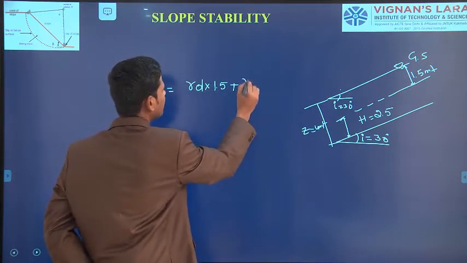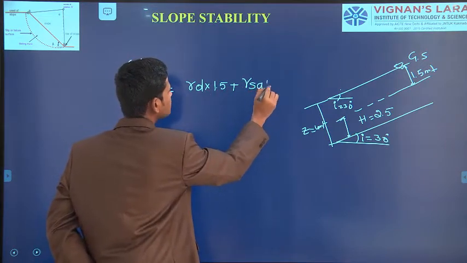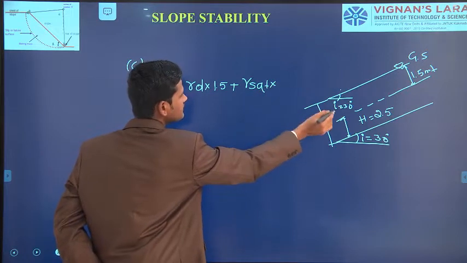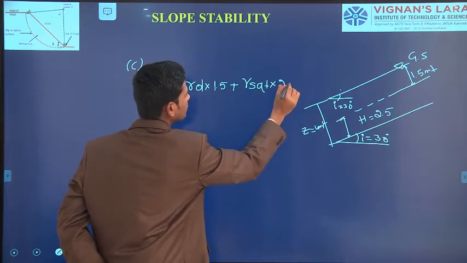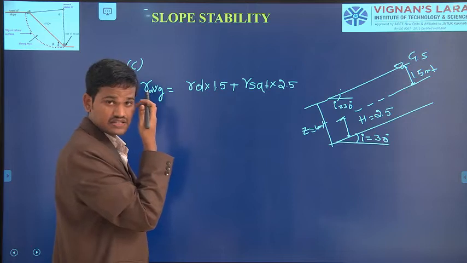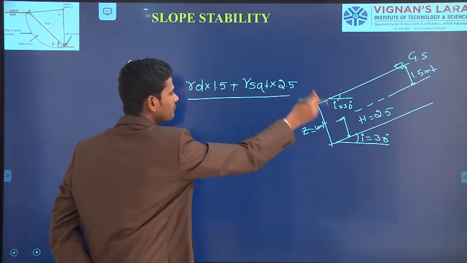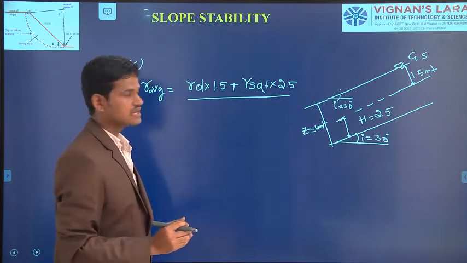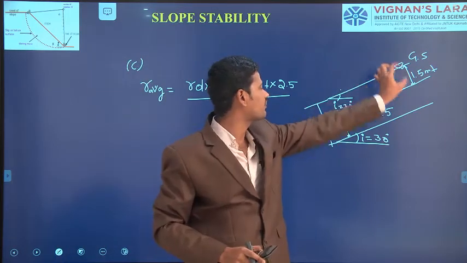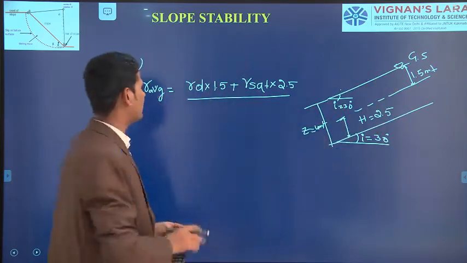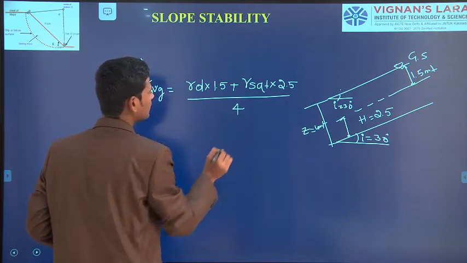That saturated weight we calculate as gamma sat, the saturated unit weight, into the depth of 2.5 meters, divided by the total depth of the soil mass, that is 1.5 meters plus 2.5 meters. The total depth will be 4.